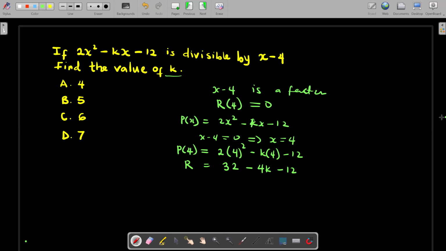And since it is perfectly divisible, our remainder is going to be 0, as stated earlier. So from here, if you rearrange, we're going to have 32 minus 12 is equal to 4k. And 32 minus 12 will give us 20. So we have 4k equals 20. So we can divide both sides by 4 so that we can get k to be 5. So this tells us that the correct answer is going to be option B.